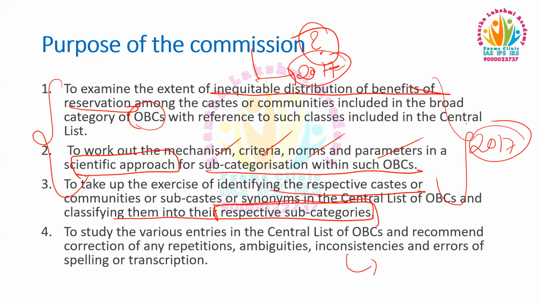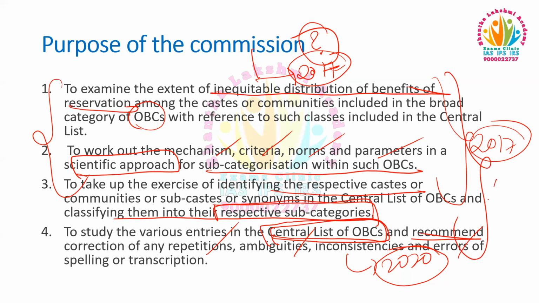But in 2020, one more provision was added to the commission's purpose, that is to study the various entries in the central list of OBCs and also to recommend correction of any repetitions, ambiguities, and errors of spelling or transcription of this central list of OBCs. Now, there are 4 provisions in which this commission has been appointed.